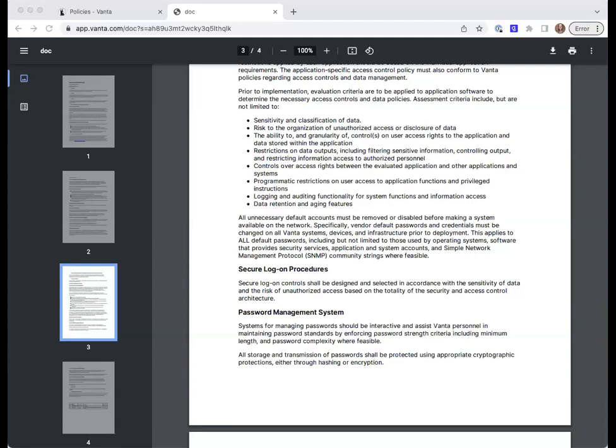Even on federal systems, sometimes you'll see a warning banner saying that if you are a hacker using this system, you're going to be guilty of a crime and we're going to prosecute you. These are all technologies to make the login more secure. Now, none of these per se are specifically required for ISO or SOC 2. This is a risk-based scheme where you set it according to the risk that you have determined as an organization. But that's what it's talking about.